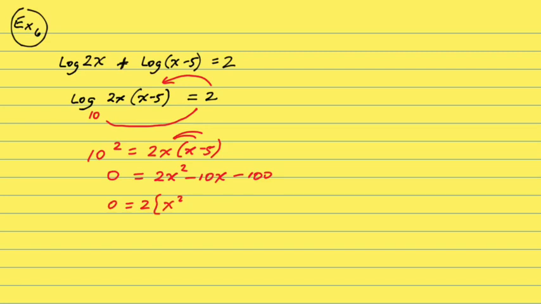That would leave me with x squared minus 5x minus 50. How does that factor? X minus 10 and x plus 5. That multiplies to negative 50 and adds to negative 5. So my answers are x equals 10 or x equals negative 5.